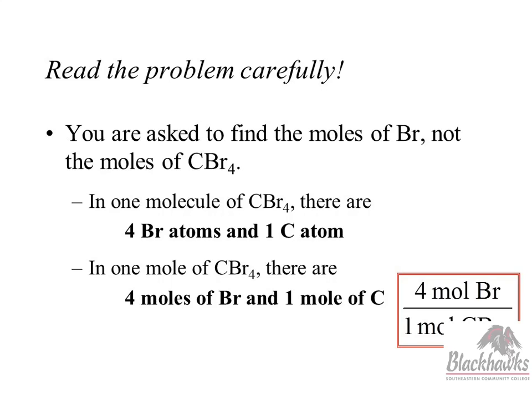Just from the formula of the compound, we could say that in 1 mole of CBr4, there are 4 moles of bromine atoms, scaling it up from a dozen. In 1 dozen CBr4 units, we have 4 dozen Br units. Why? Because they're like that, okay?